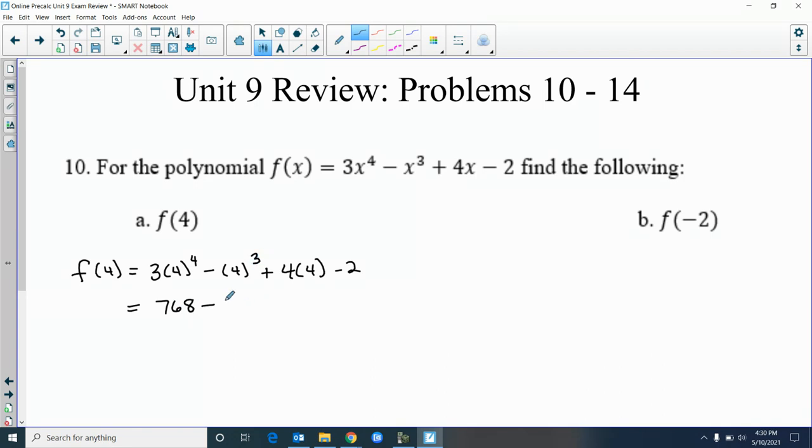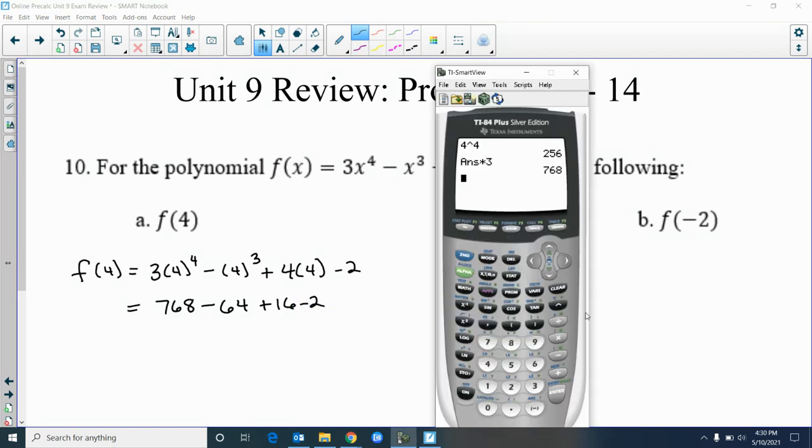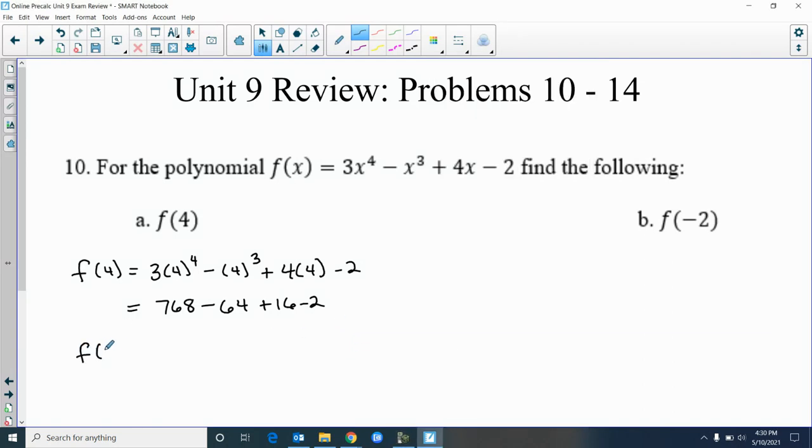Minus, well, 4 cubed is going to be 64. 4 times 4 is plus 16 minus 2. And then 768 minus 64 plus 16 minus 2 gives me 718. So that means f of 4 equals 718.